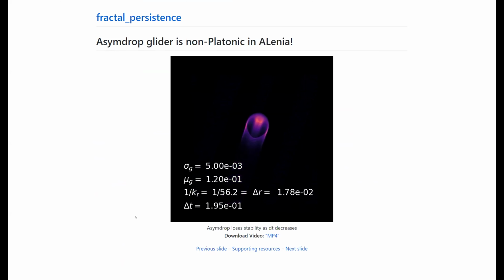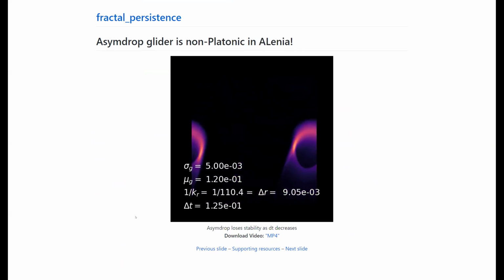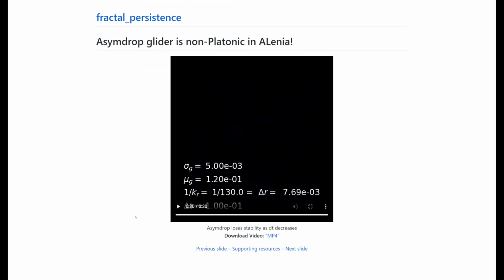And I'll mention that the other thing that I did when I was searching for an interesting rule space is that I was searching with the step size already a bit large, so 0.25, whereas many of the most interesting gliders in Lenia are found with a step size of 0.1. Okay, so as you saw, the glider eventually loses its ability to cohere to itself. It loses its self-organization capabilities.